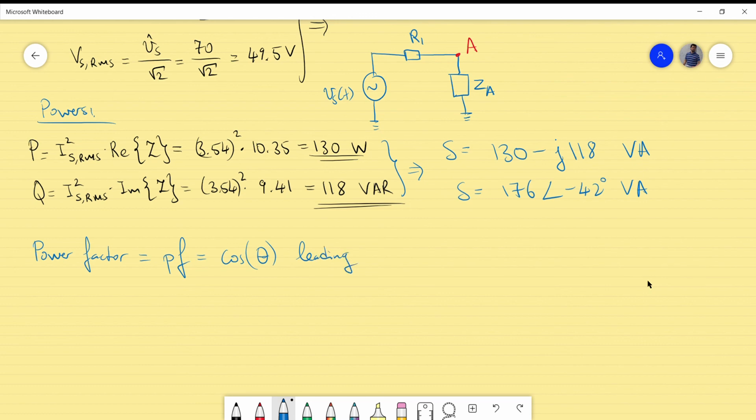This will result in PF, which will be cosine of minus 42 degrees, leading. You have to make this clear. This will result in 0.74 approximately leading. And this will result in approximately 74% leading power factor for this circuit.